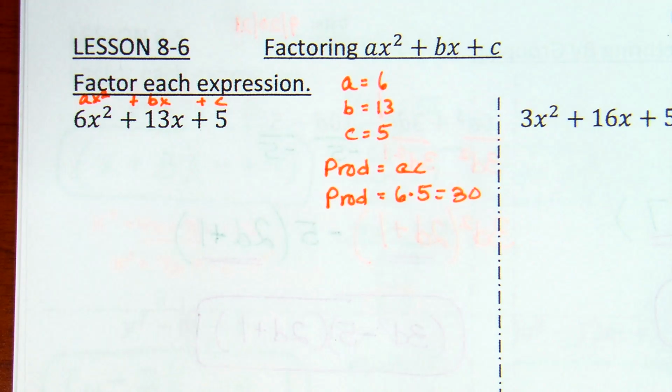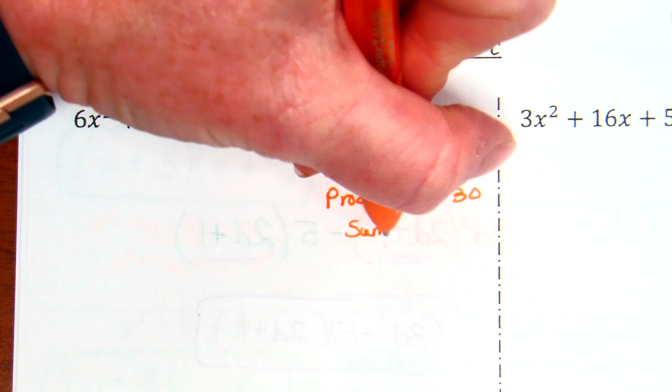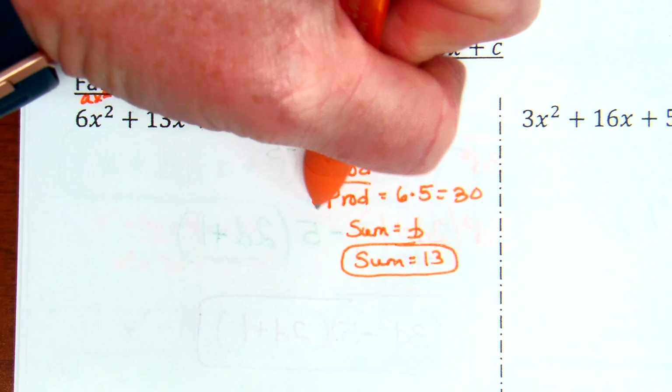So I'm looking for numbers that multiply to be 30, and they need a sum of B. What is B? 13. So I am looking for two numbers that multiply to be 30 and add to be 13.